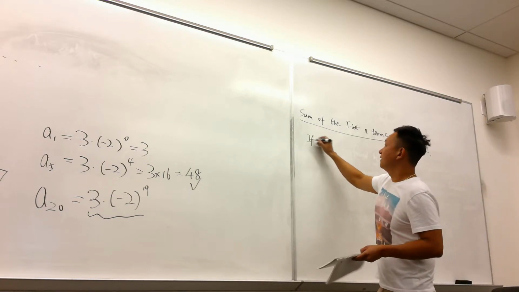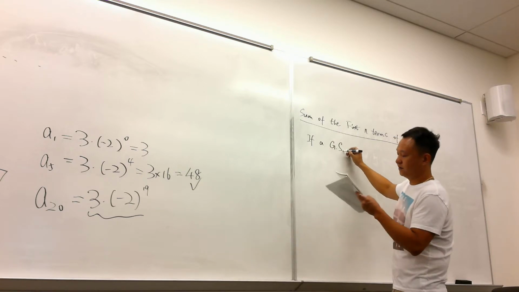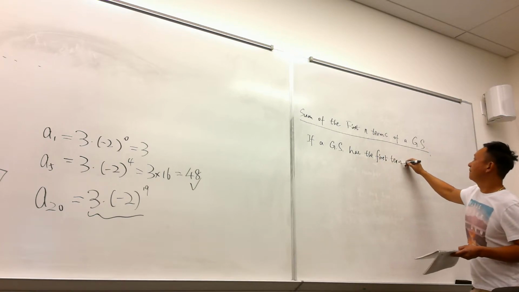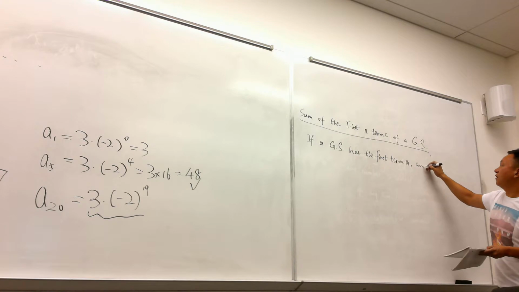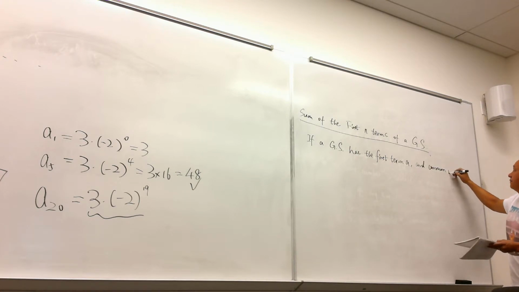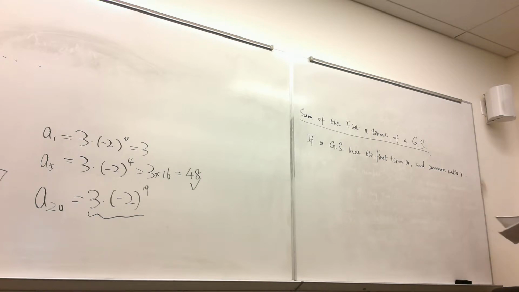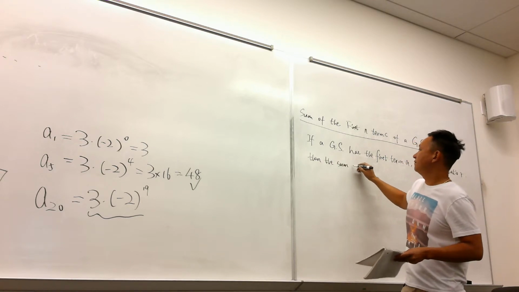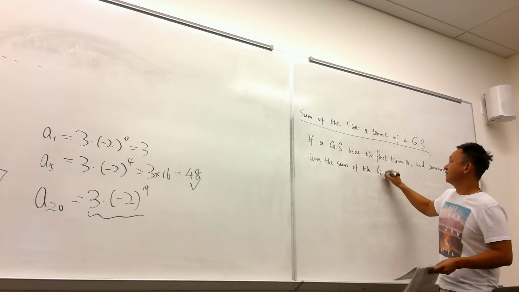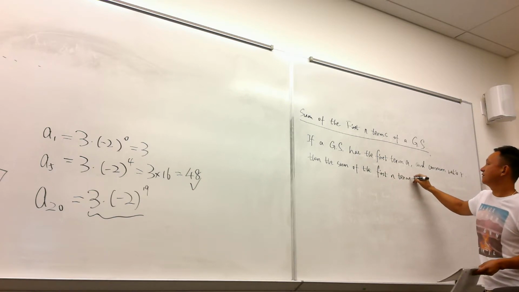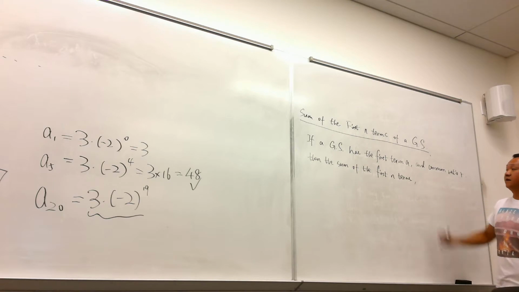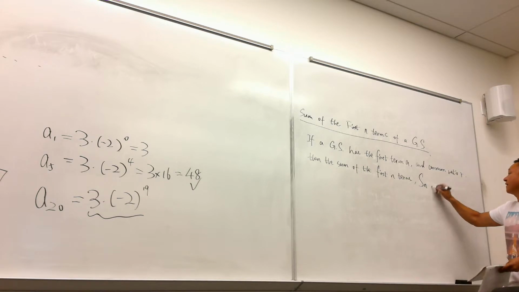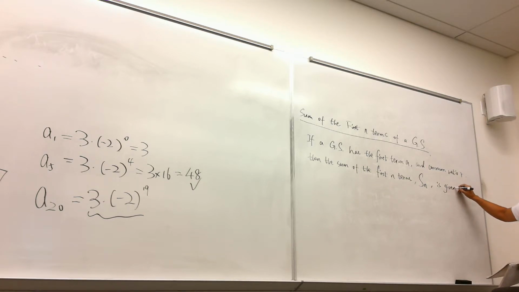If a geometric sequence has the first term A and common ratio R, then the sum of the first n terms, denoted by capital S sub n, is given by the following.